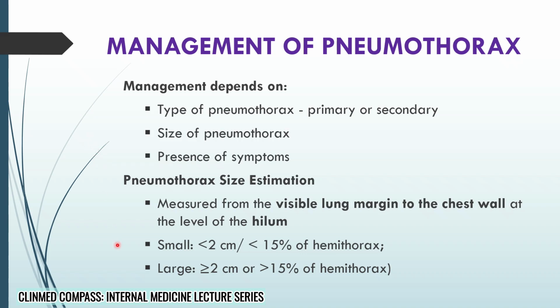Size is estimated from the lung edge to the chest wall at the level of the hilum. Small pneumothorax are usually less than 2 centimeters or less than 15% of the hemithorax. Large pneumothorax is greater or equal to 2 centimeters or greater than 15% of the hemithorax.